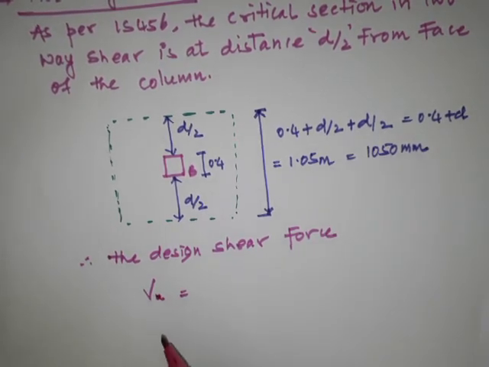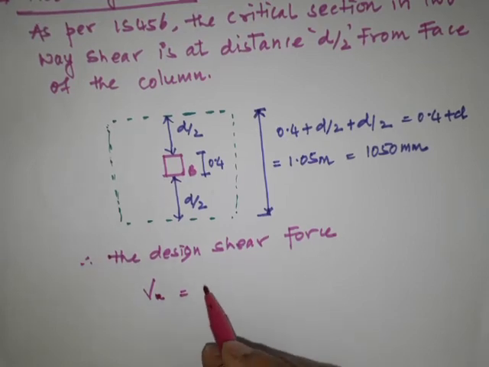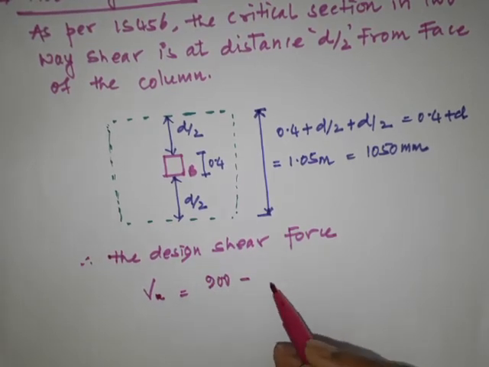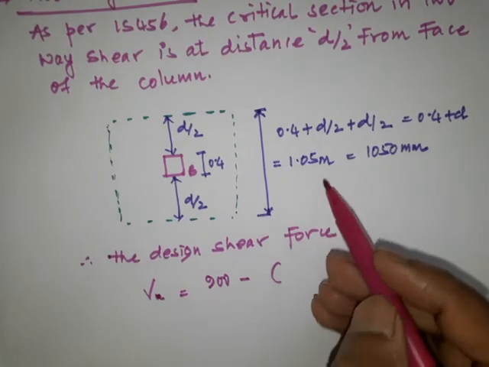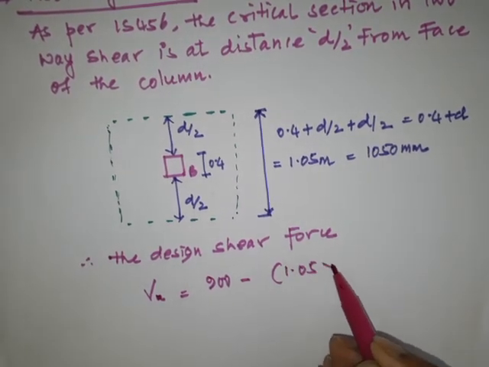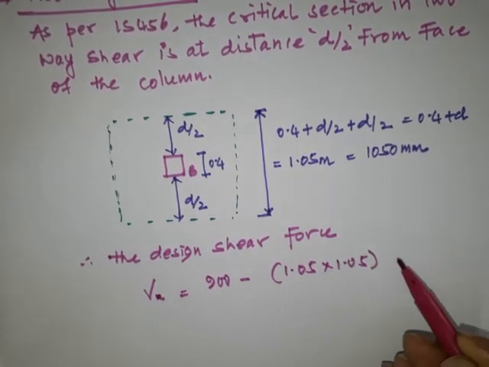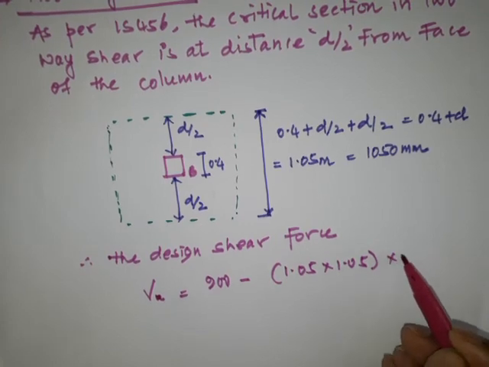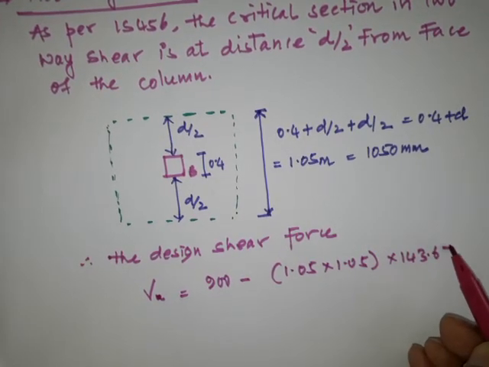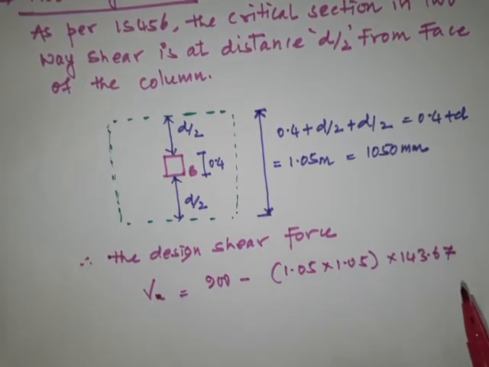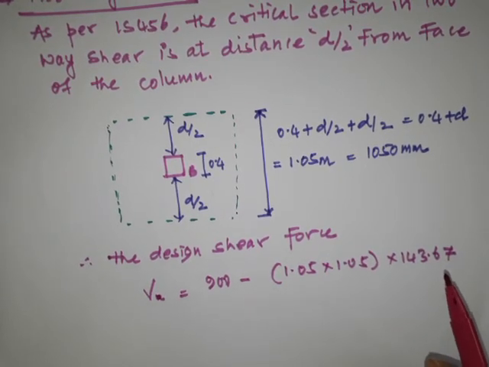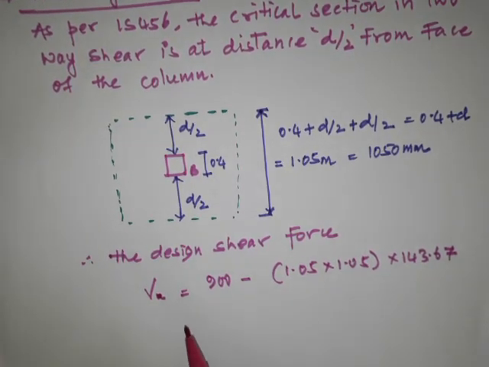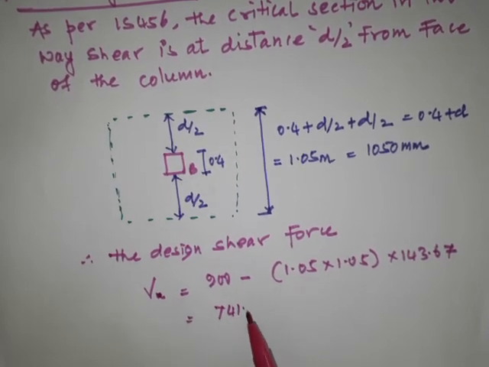V is 900 minus the perimeter area 1.05 by 1.05 into the upward pressure, which is 143.67. So we get this as 741.59 kilonewton.